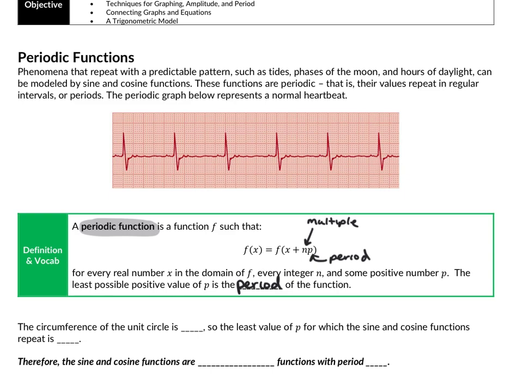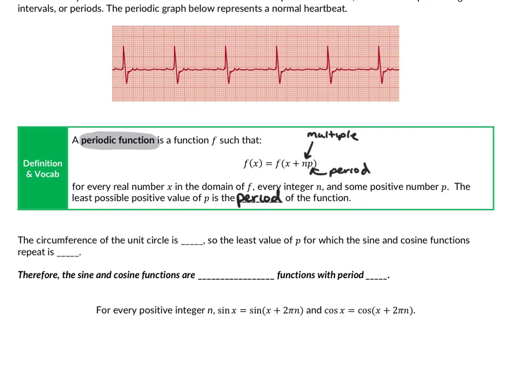That's going to be super huge for us, to always know the period of the different functions we're talking about. Since this relates to the unit circle for sine and cosine, and since the circumference of a unit circle is 2 pi, it makes sense that sine and cosine functions also have a period of 2 pi. Therefore, sine and cosine functions are called periodic functions with period 2 pi.